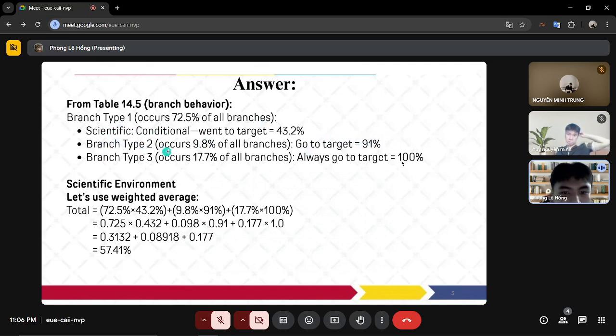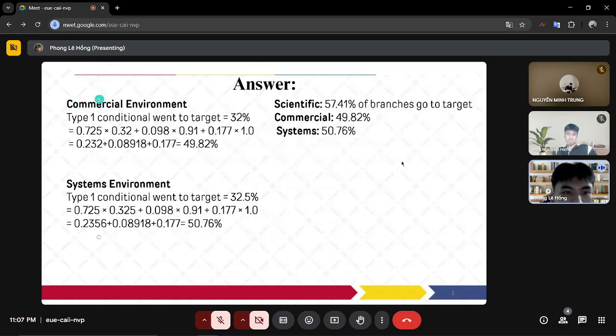And branch type 3 always goes to the target, 100%. And about the environments, we have the total for scientific 57.41%, the commercial environment 49.82%, and the system environment 50.76%. And that is the answer.